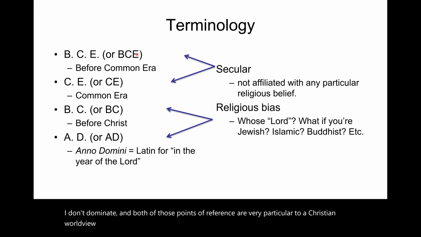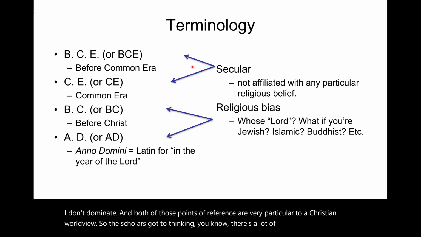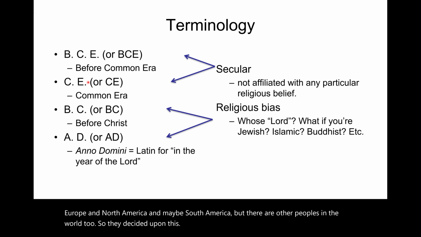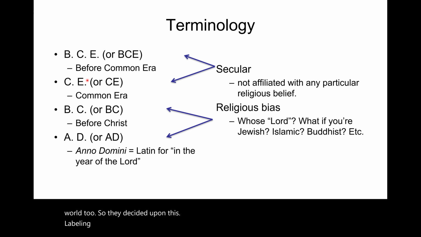So the scholars got to thinking, there's a lot of Christianity in Western Europe and North America and maybe South America, but there are other peoples in the world too. So they decided upon this labeling system that changes very little except for the actual letters and what the letters represent.